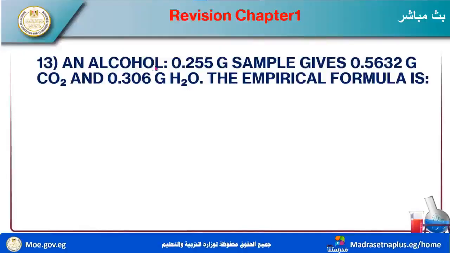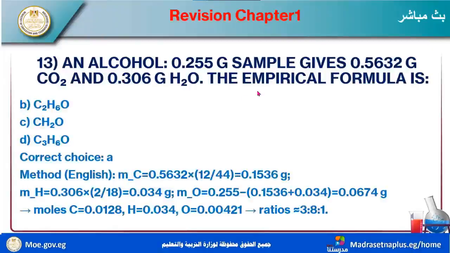An alcohol: a 0.255 gram sample gives 0.5632 grams of carbon dioxide and 0.306 gram of water vapor. What is the empirical formula here?